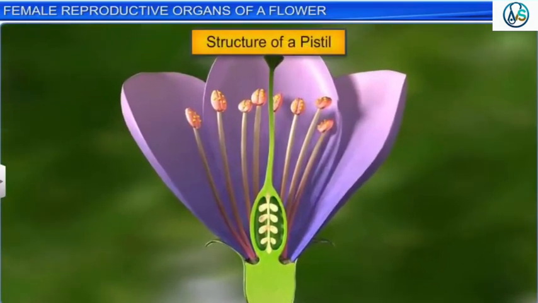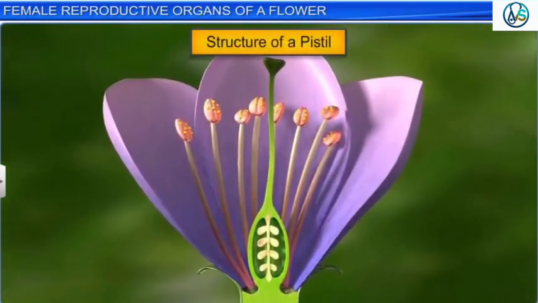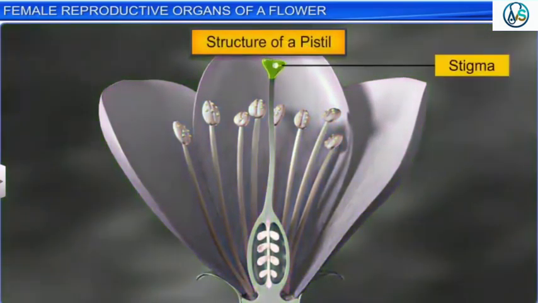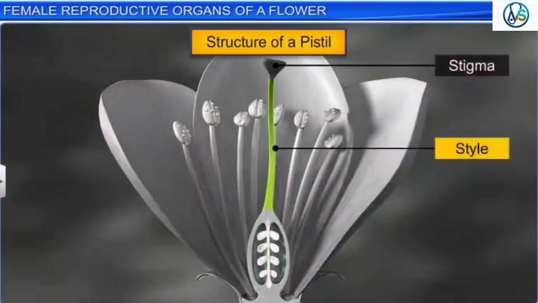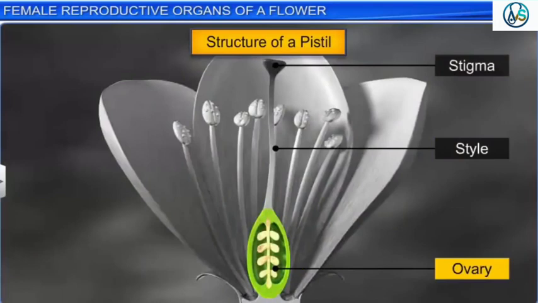If you observe the structure of a pistil, you will find that it consists of the stigma at the tip, followed by the style in the middle and an ovary at the base.